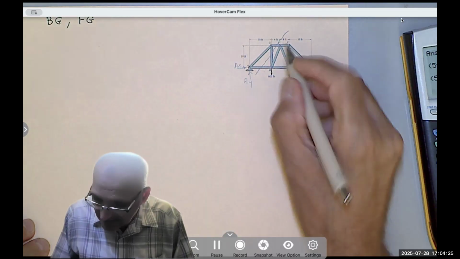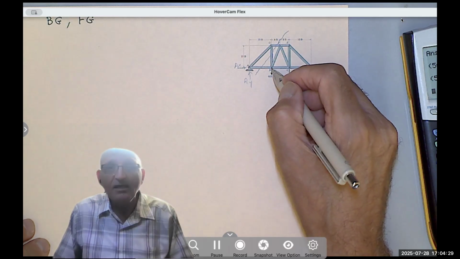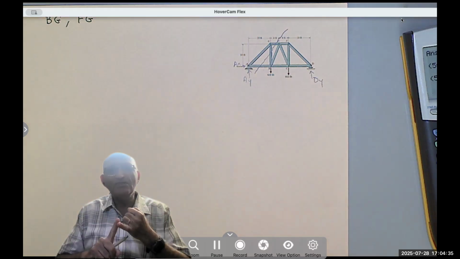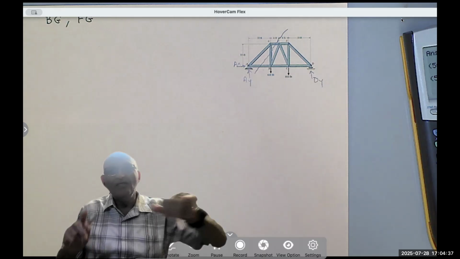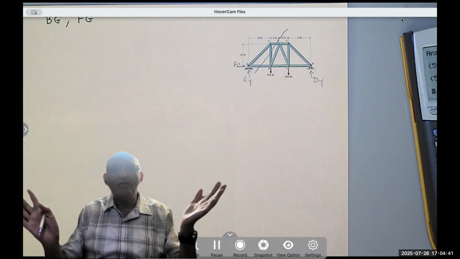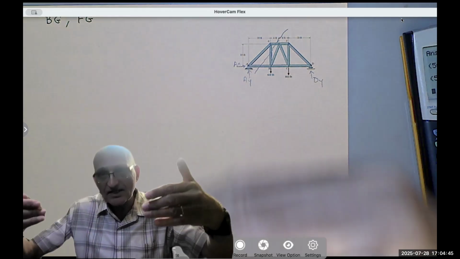I also see that these two intersect at G and these two intersect at B. So now I know my three equations of equilibrium. I'm going to take summation of the forces in the Y of the left-hand side, take the moment about G, take the moment about B, and I'm done. You have to develop the strategy.